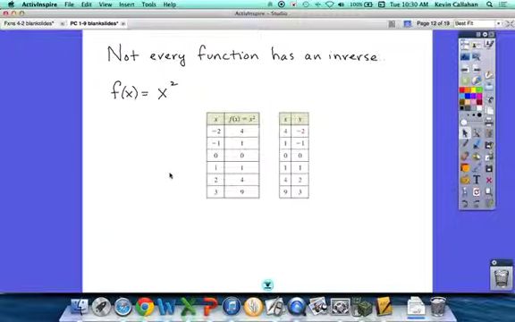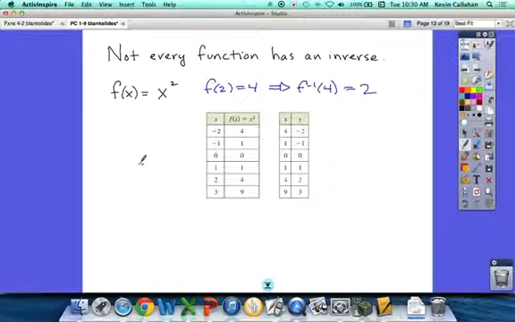It must be the case that, for example, if I say f of 2 equals 4, then it must be the case that f inverse of 4 equals 2. Now, is that necessarily the case?